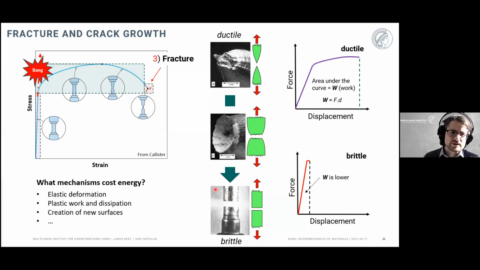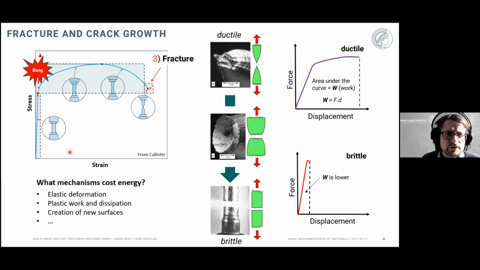So if we look at this example of the brittle material, we've gone from a continuous piece of material to the formation of two new surfaces. The formation of new surfaces also has an energy cost. So energy is a particularly important concept when we think about material failure, as well as some of the deformation mechanisms that we've touched upon before.